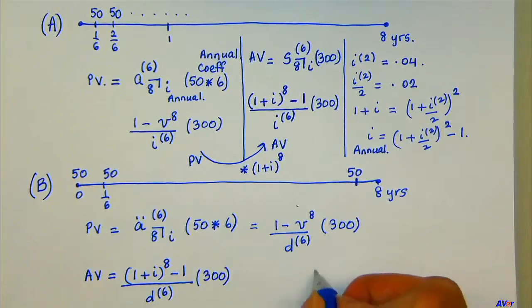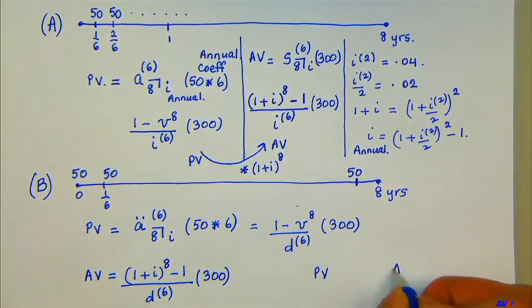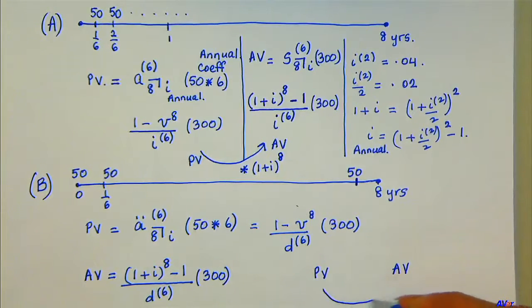So again, to go from present value to accumulated value, multiply. Right? Okay.